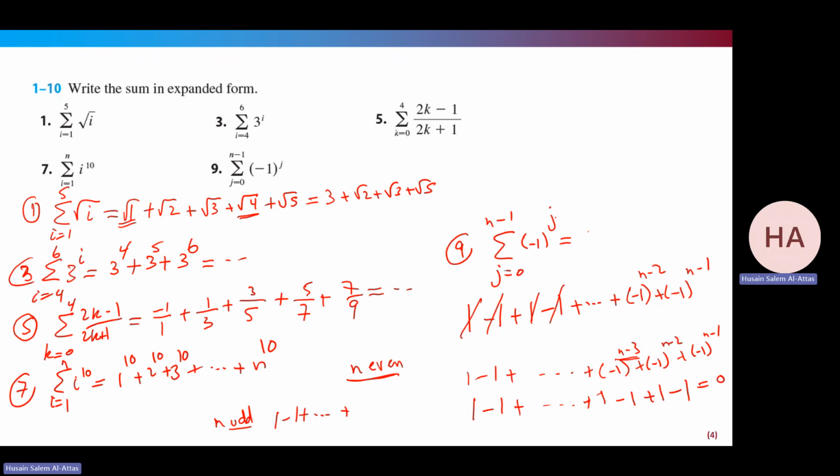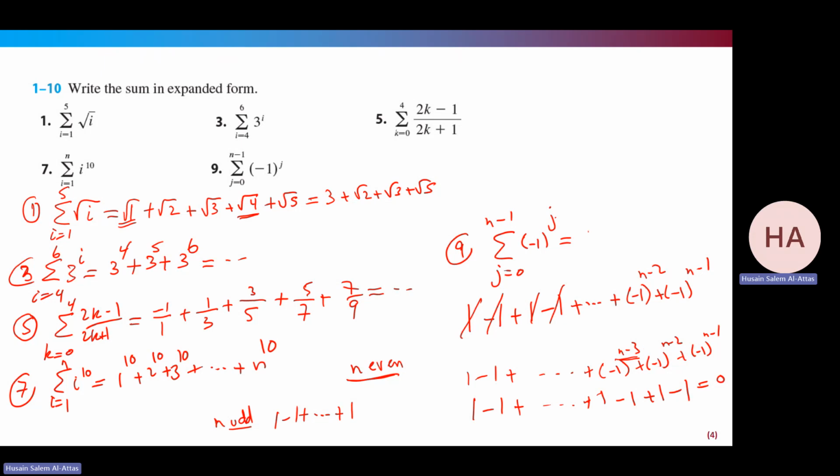When it comes here, n is odd, odd minus odd, yeah, odd minus odd will be even. So that will be plus 1.